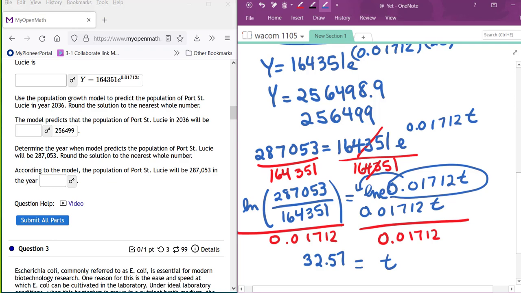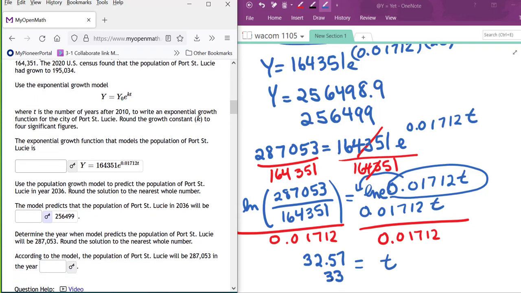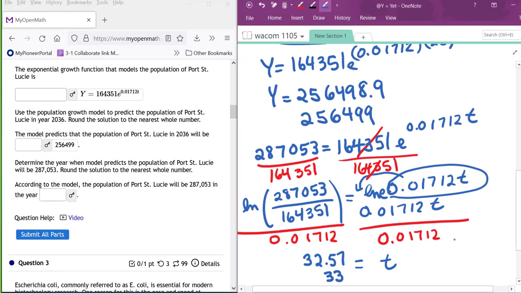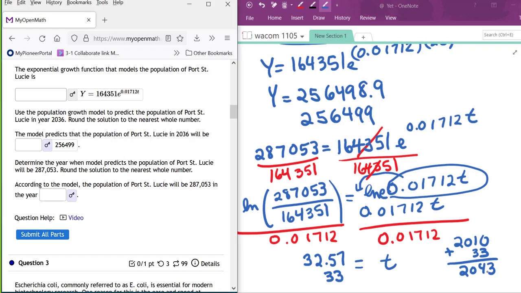And they would want it in the nearest whole number. So we're going to go with 33. So 5 would push us up. We're going to add that to 2010 because that was our original. And so we should get 2043. And we did. That's a good sign on these word problems.